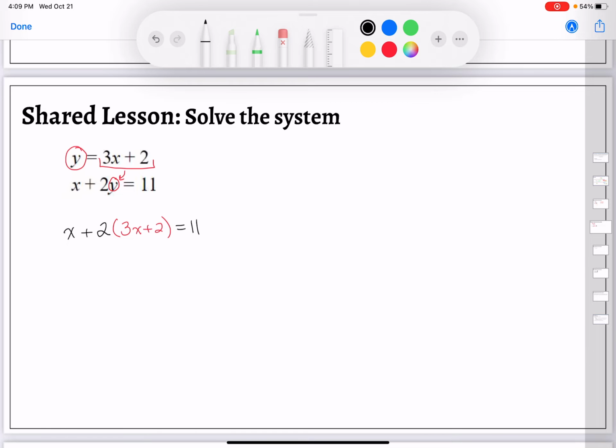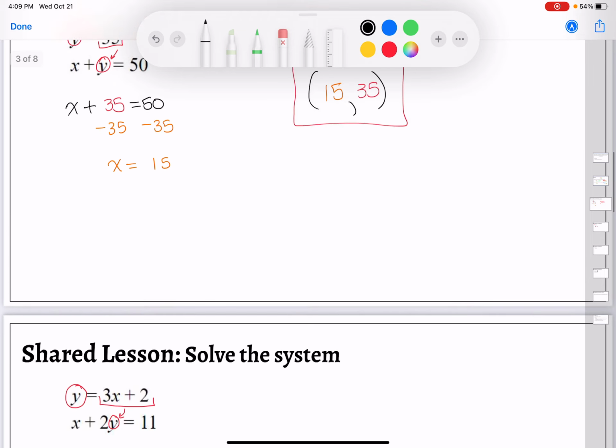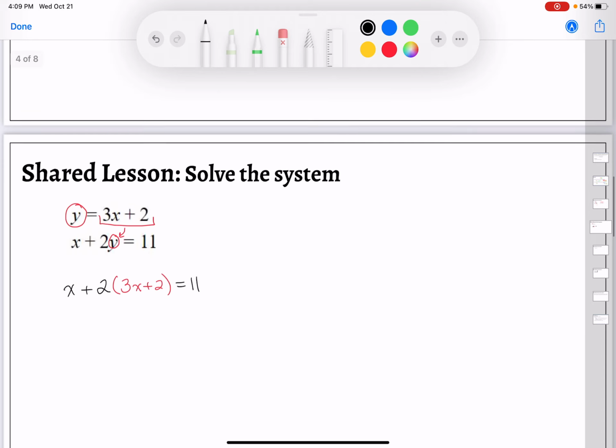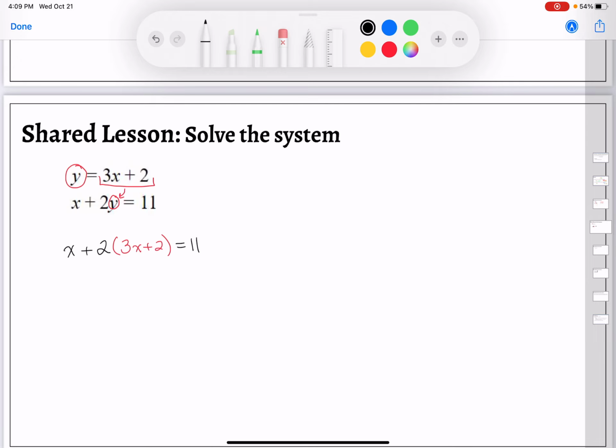So we just took that 3x plus 2, that y equals, and I plugged it in for the y in my other equation. Now notice, in both of these equations, when I plugged it in for y, there is no more y in my equation. So after you substitute, you should be down to only a single variable, right? There's only x's left.